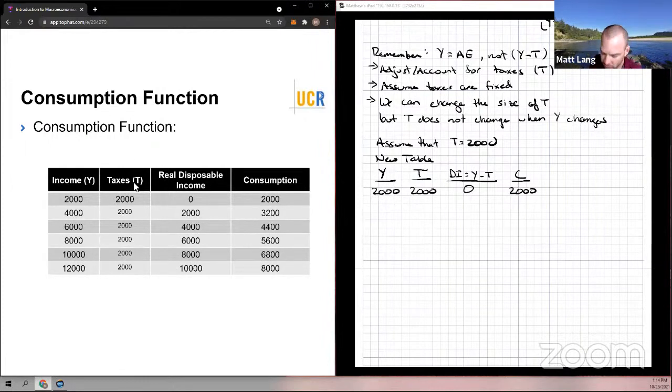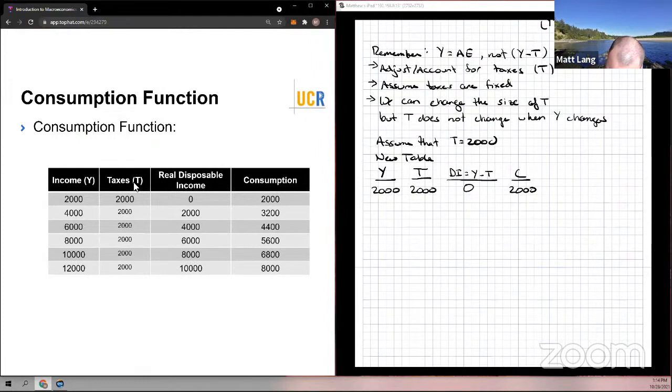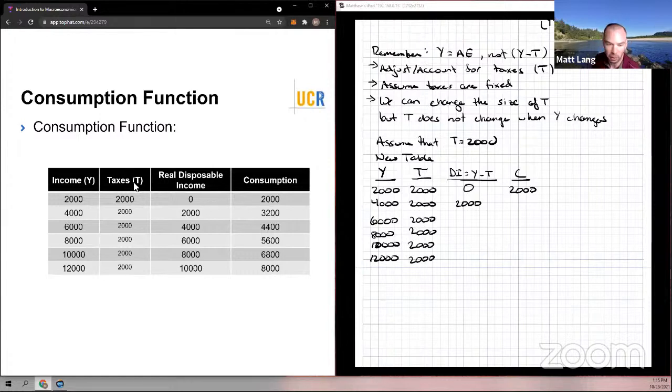The consumption isn't changing. But then when our y goes from 2,000 to 4,000, notice that I'm setting the taxes equal to 2,000, so the taxes aren't changing. Taxes are stuck at 2,000. So that means our disposable income goes from 0 to 2,000, then 4,000, 6,000, 8,000, 10,000, and 12,000. What happens to taxes? This is what I mean by saying they're fixed: they're all 2,000 no matter what.